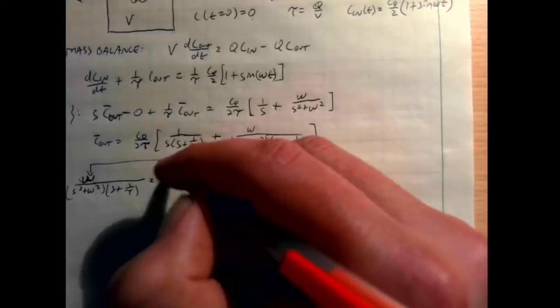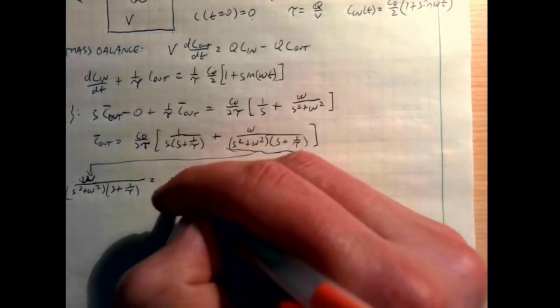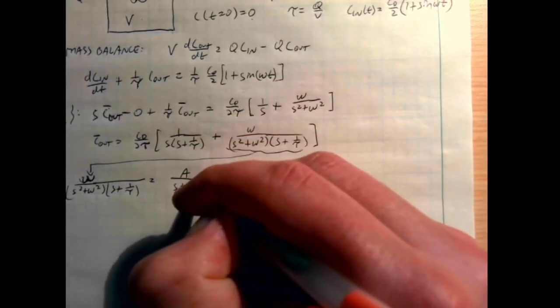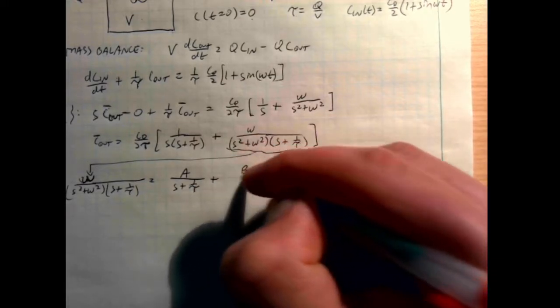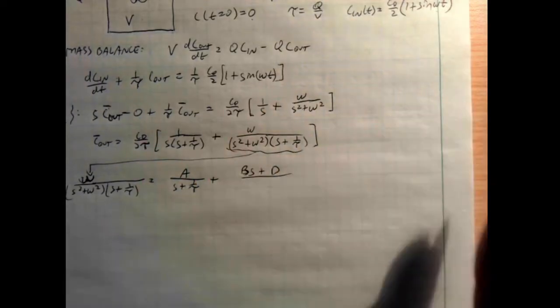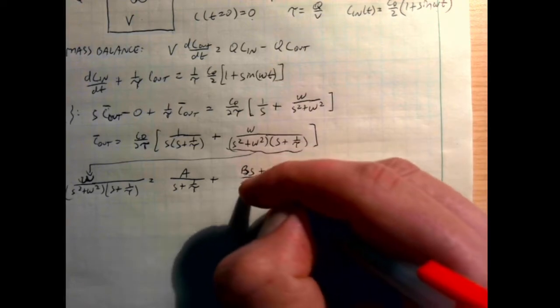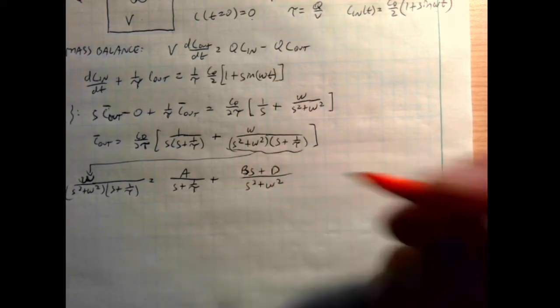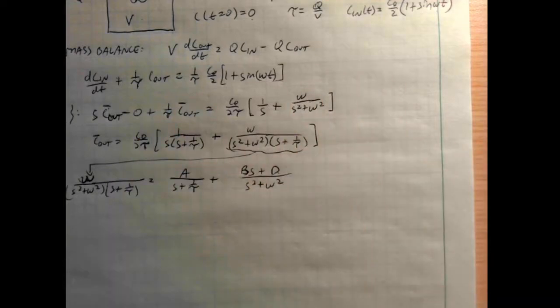And I'm going to need some function up here, A over s plus 1 over tau plus Bs plus D over s squared plus omega squared. A, B, and D here are just some constants I have to determine. I would use C, but I've already used C, so to try to make it less confusing.